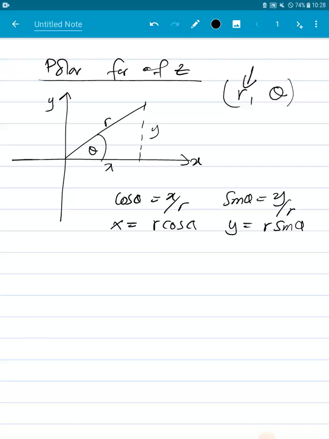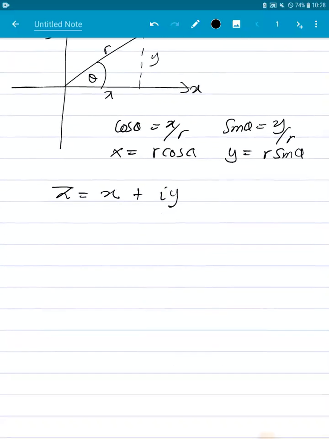Now we know that a complex number is given by x plus what? Iy. You know this complex number equation, right? And from here, what is our x? Our x is r cos theta plus what is our y? r sin theta. Take out r because it's common.